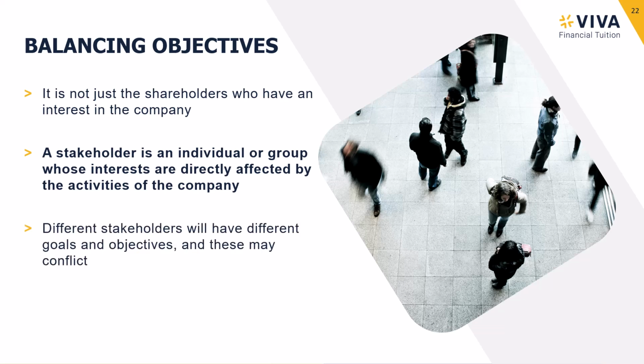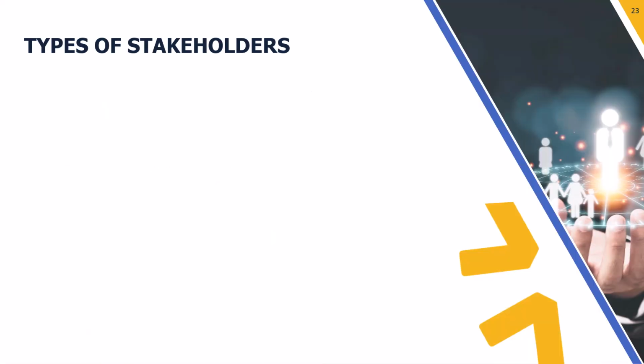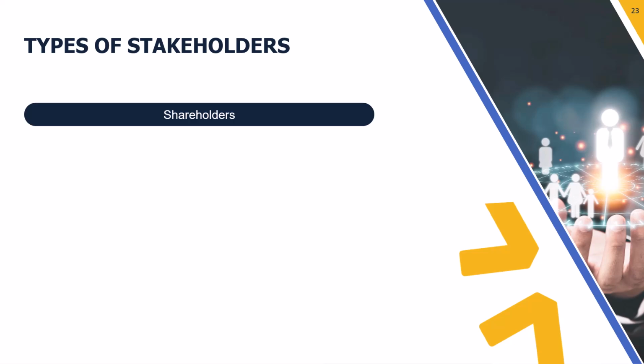Different stakeholders, therefore, will have very different goals and very different objectives, and this can often lead to conflicts within those stakeholder groups. Now, different stakeholders will have different levels of influence over the objectives and the strategy of any entity.